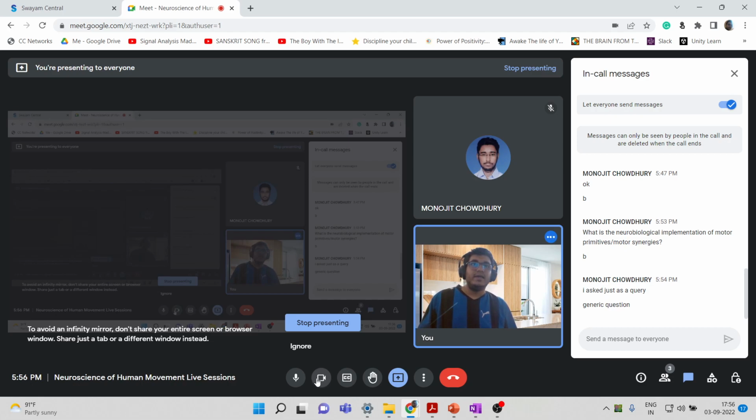The exact mechanism as to how the brain controls or generates these activation patterns is still an active area of research. There are various theories, and there's still active research going on in this field. I hope that somewhat answers that question, Monojit.